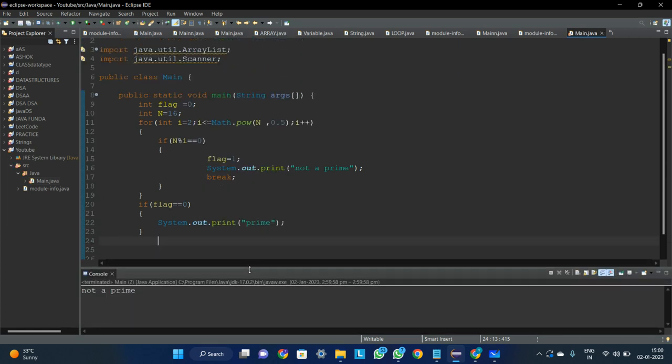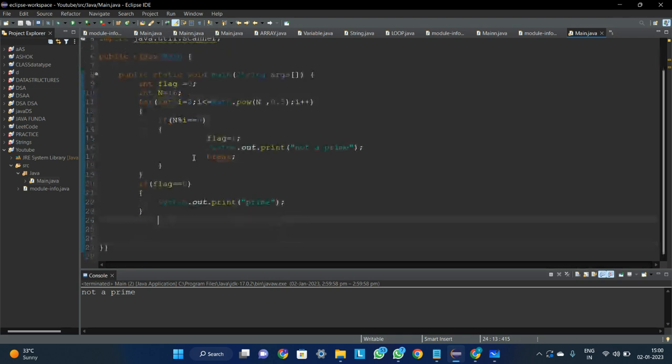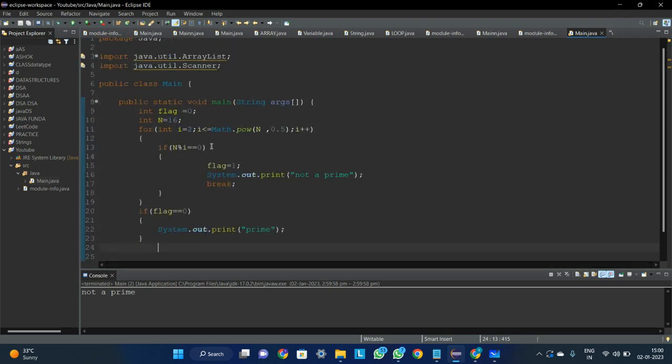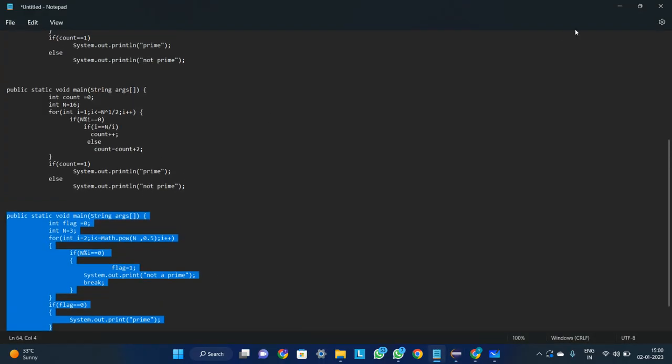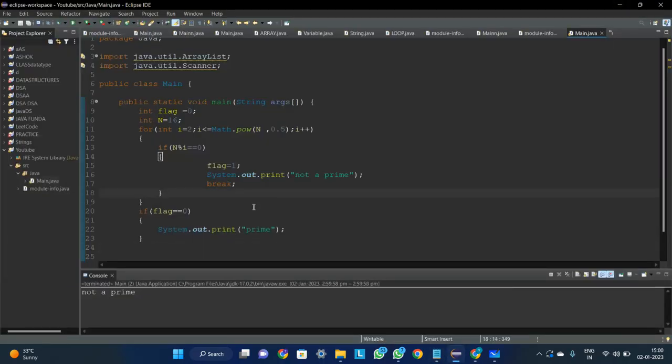So what we have done here is check from i equals 1. But I can write even more efficient code: if 2 is divisible, right there itself we can print not a prime.